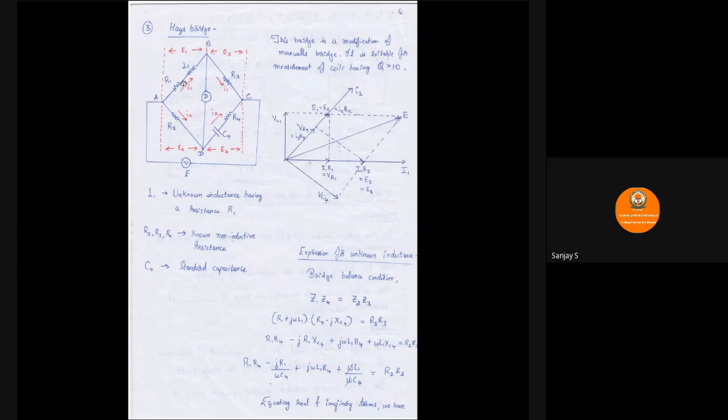We have R1 L1 connected in arm AB, which is the unknown element, that is the unknown inductance in series with the resistance. We have known resistances R2, R3, R4 connected in other arms, and we have C4 also connected in arm CD. Here this bridge is basically a modification of Maxwell's bridge.